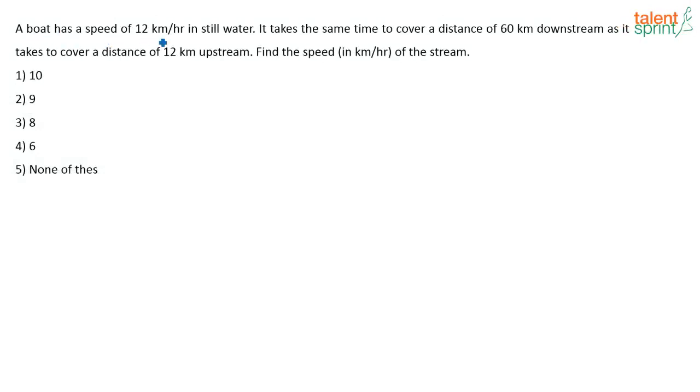A boat has a speed of 12 kilometers per hour in still water. It takes the same time to cover a distance of 60 kilometers downstream. So what is the time taken to go downstream? 60 divided by 12 plus the speed of the stream, correct? This time is the same as the time it takes to cover 12 kilometers upstream.